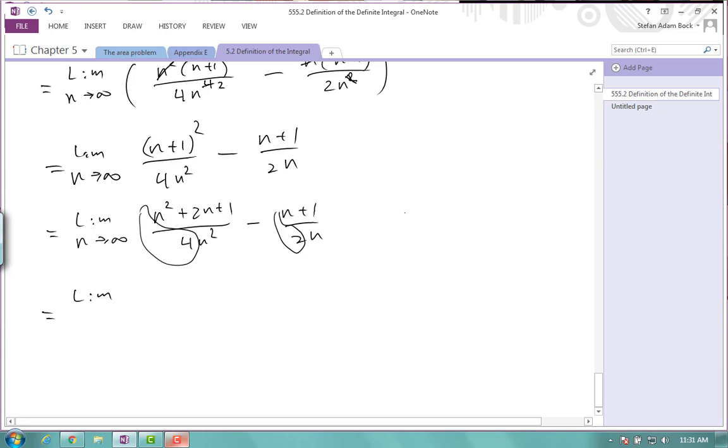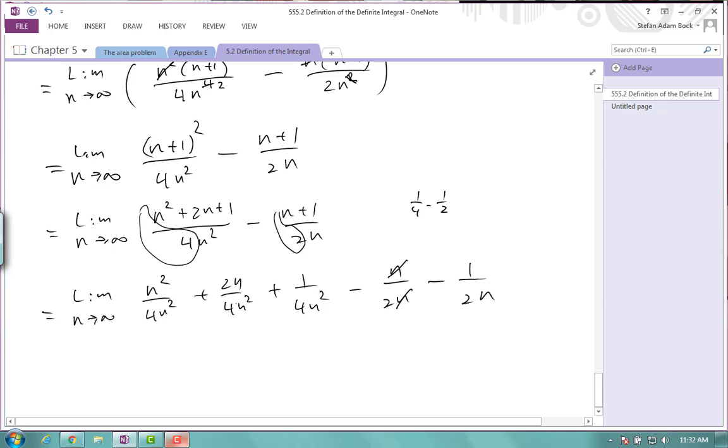I should expect to get 1 over 4 minus 1/2. But if I split up all these fractions, I'll have n squared over 4n squared plus 2n over 4n squared plus 1 over 4n squared, minus n over 2n minus, because that distributes, 1 over 2n.